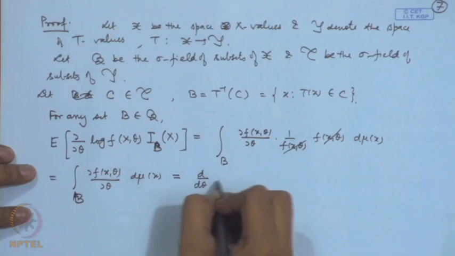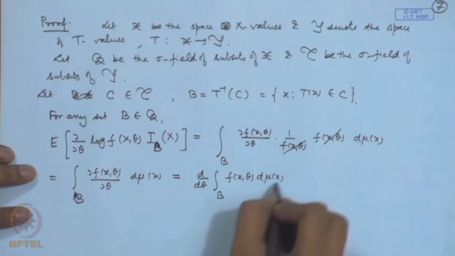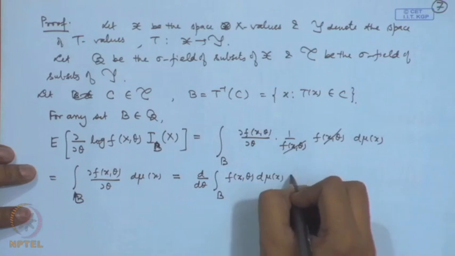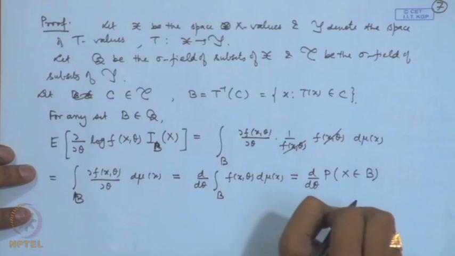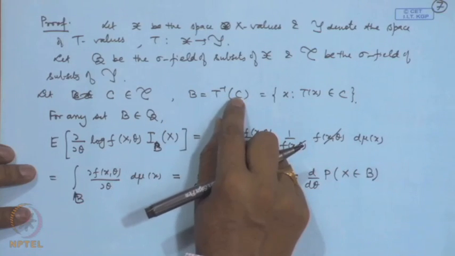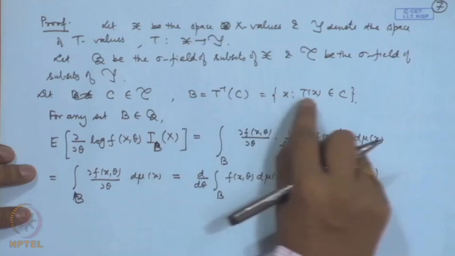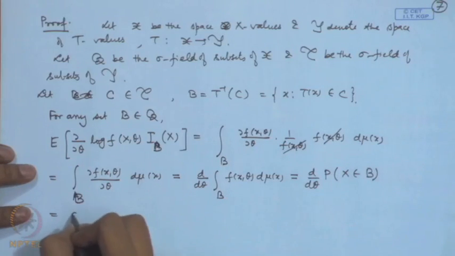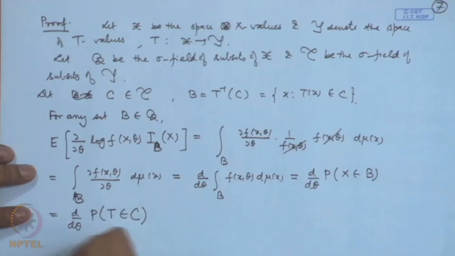So, this is equal to d by d theta of the integral of f(x, theta) over B. Now, this is the integral of the density of the random variable x over the set B, so this is nothing but the probability of the set B. Now, we have defined the set B to be the inverse image of C under T. So B is the set where T(x) belongs to C, so this probability of x belonging to B is the same as the probability of T belonging to C.